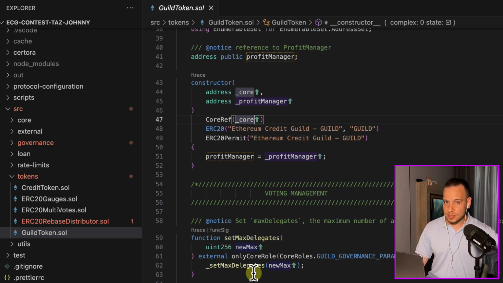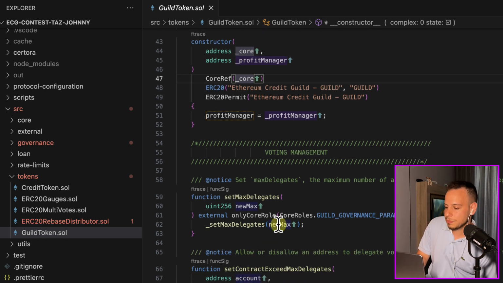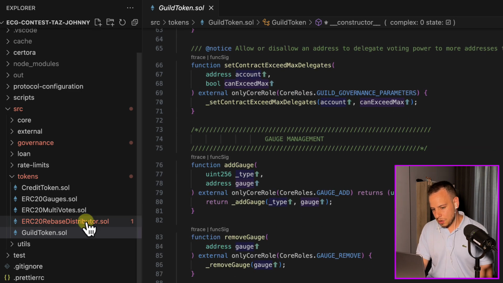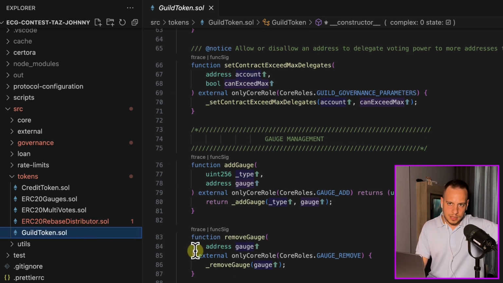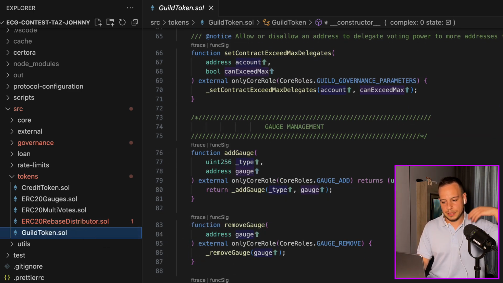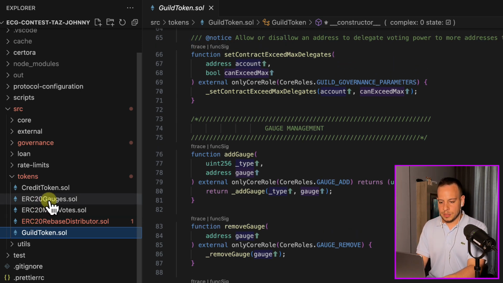You can stake this Guild token to accrue interest. But you cannot sell it. Initially, you cannot transfer it to another wallet, unless the governance decides it is transferable. It won't have liquidity probably in the beginning. So this is the Guild token. But obviously in the future, it will be transferable and it will have liquidity.